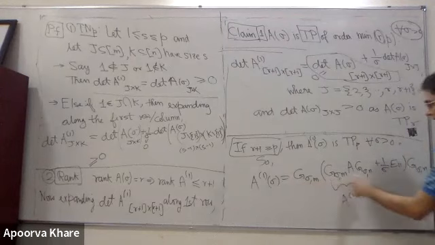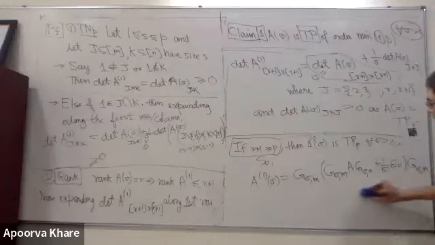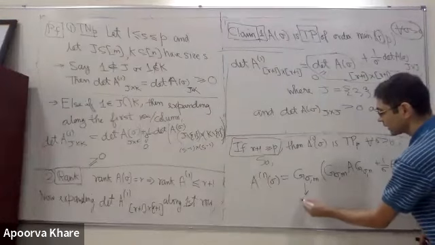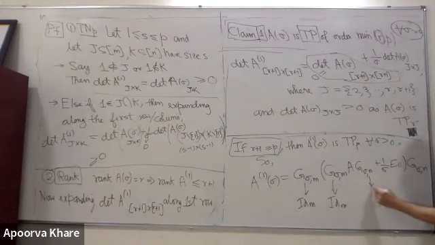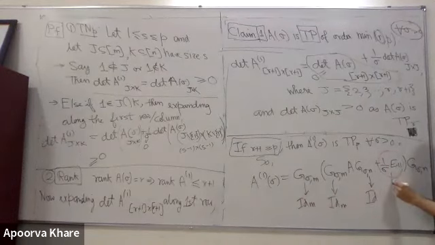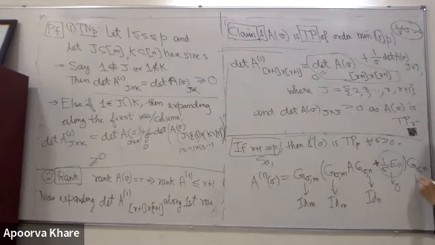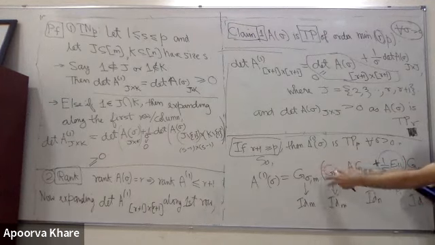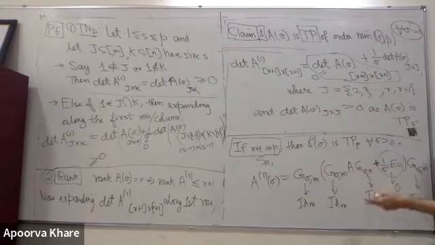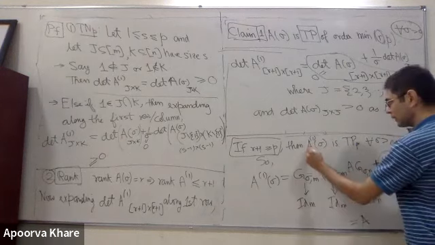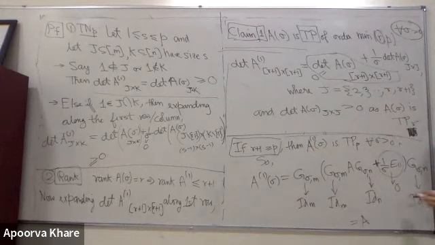So if I look at A1 of sigma like this, what happens as sigma goes to infinity? This matrix becomes identity, this matrix becomes identity, this matrix becomes 0, so plus 0. This matrix becomes identity, so it's identity times the middle, and that just goes to the part in the middle. The middle part is identity times A times identity plus 0, which is this thing. So if R plus 1 is bigger than or equal to P, then A1 of sigma is TPP, and A1 of 1, A1 of 2, A1 of 3 goes to A.